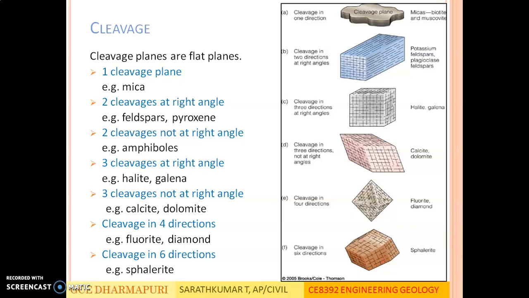Whereas in two cleavages at right angles, there are two planes in which a mineral can be easily broken down. There are two weakest planes. Whereas in three cleavages, there are three weak planes, and in cleavage in 4 directions and cleavage in 6 directions, there are 4 and 6 weak planes respectively. Examples of such types of cleavages are given in the right-hand side figure.